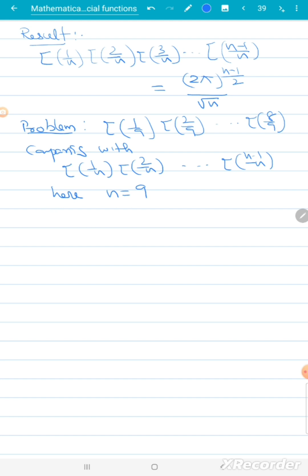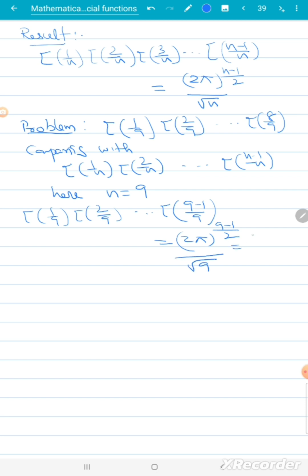So the RHS value is 2 pi power n minus 1 by 2 by root n, which is 2 pi power 8 by 2, which is 4, by root 9, which is 3.